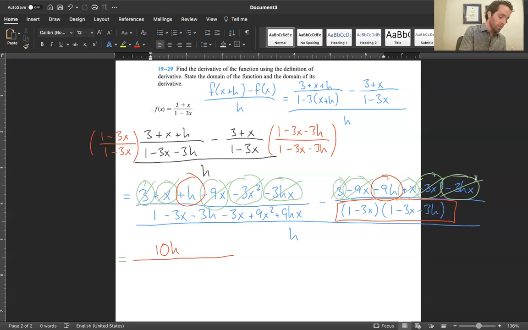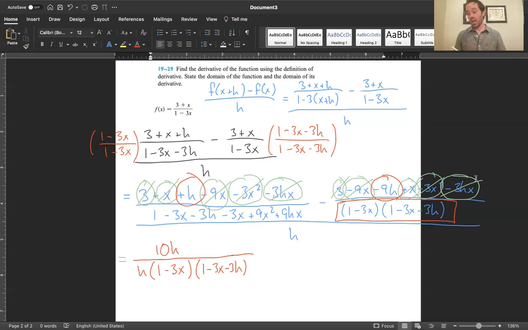It'll be divided by, I'm going to bring the h into the denominator, because after all, I'm dividing by it. So really, this will end up being h, by which I mean this, those two are the same. That'll be times 1 minus 3x times 1 minus 3x minus 3h.